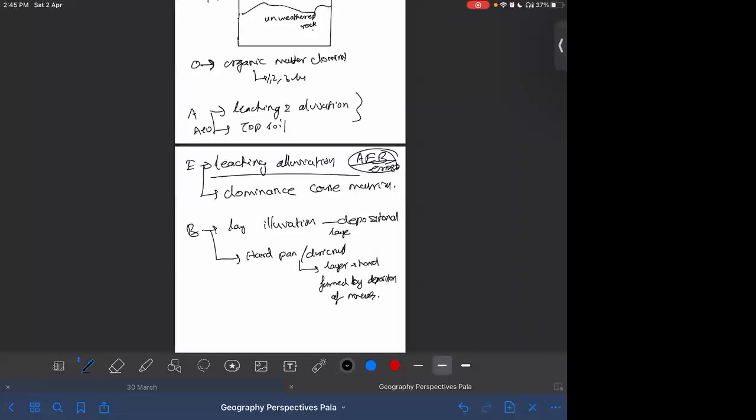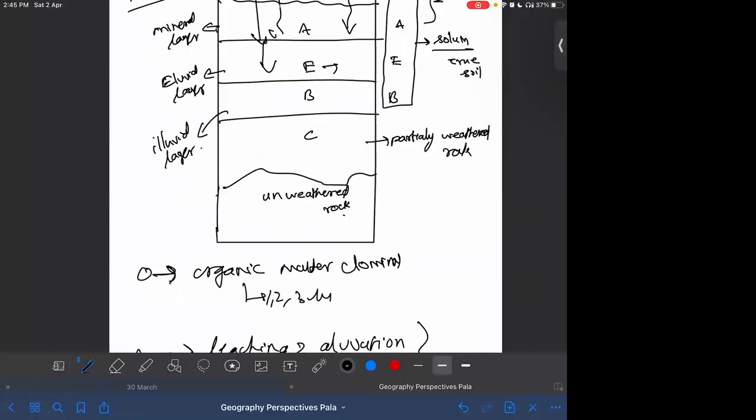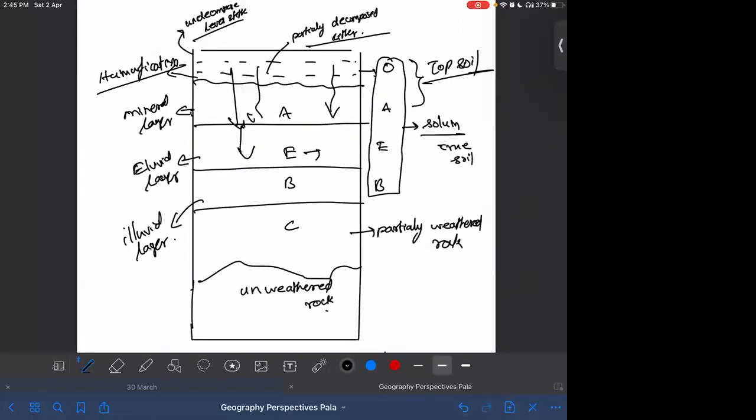Now, the way you're looking at this soil profile is just one thing: soil is a very dynamic entity. Soil is not static; there are several processes happening within soil, and based on those properties, soil is divided into different horizons, and each horizon has its own properties.